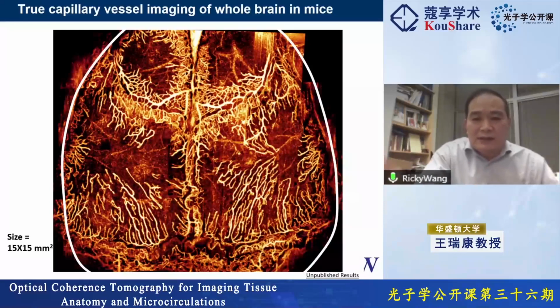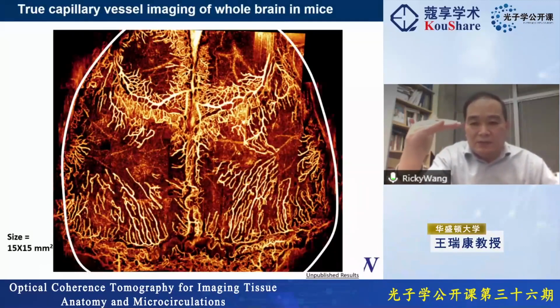And because OCT is a 3D imaging technique, you can use segmentation to segment blood vessels in different layers, right? In this image I showed here is the whole brain imaging, but this vasculature is right below the skull bone.